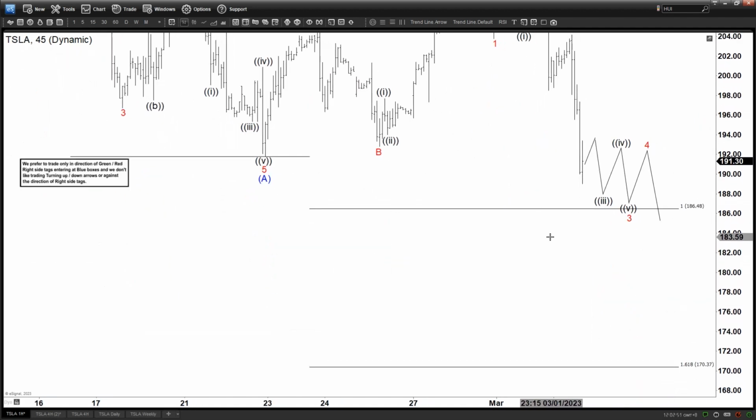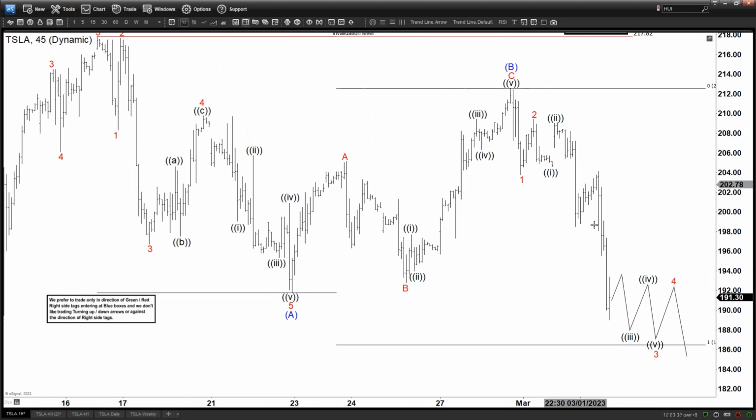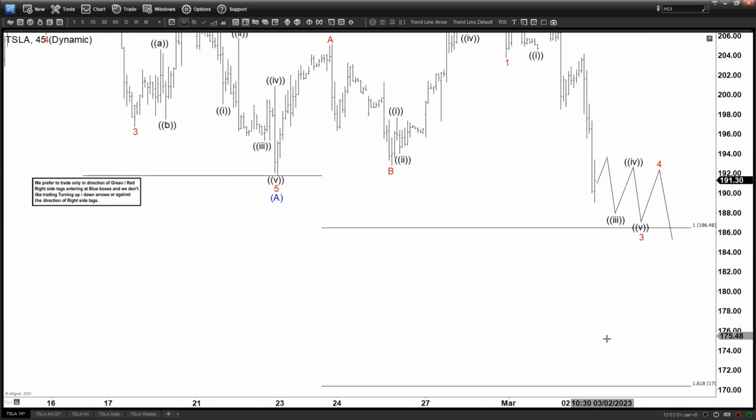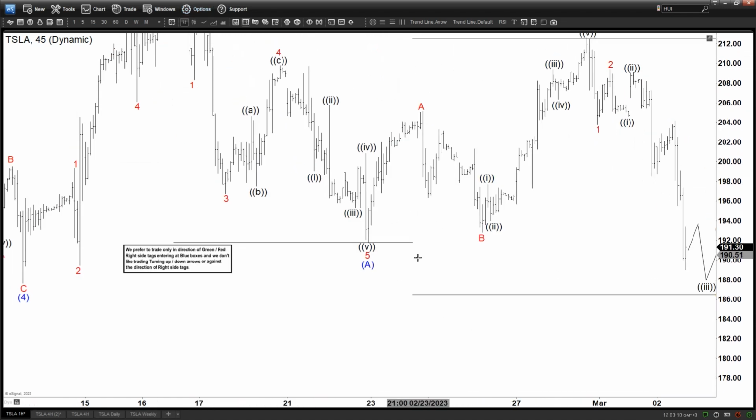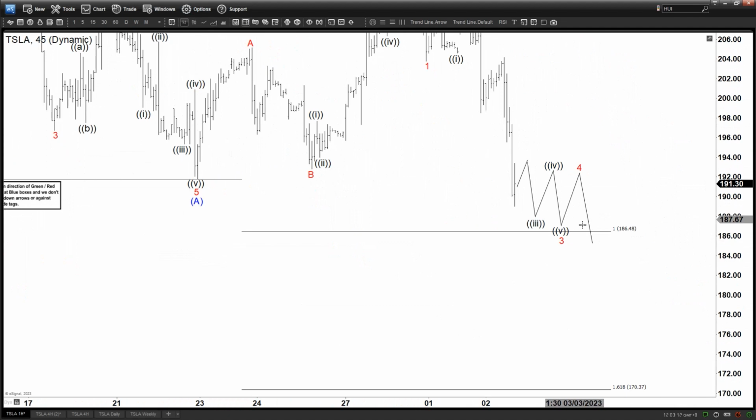The idea behind it is that if it is a 1 2 3 4 5, wave 3 usually is the longest and the most powerful, and typically can go to 1.618. So if this is indeed only a wave C and not wave 3, then ideally it should not go beyond the 1.618 extension of the wave A. Okay, so the potential target is between 186 and 170.